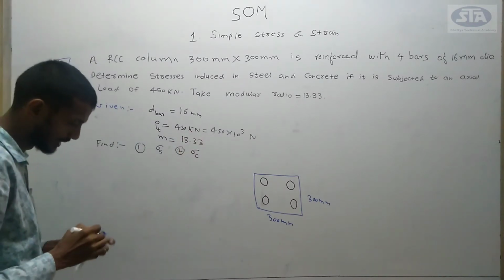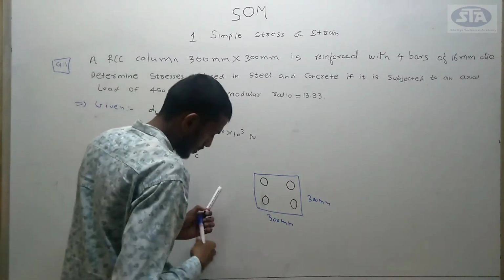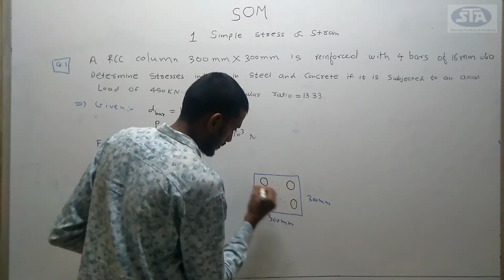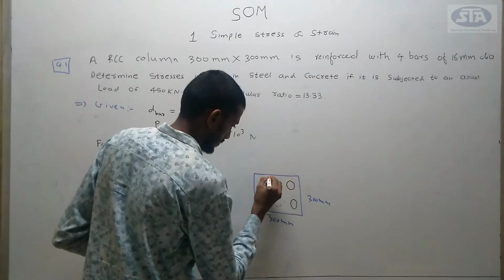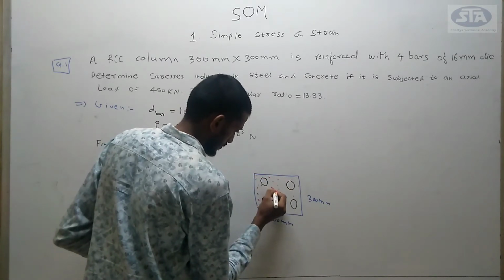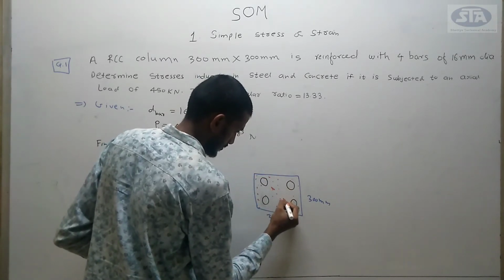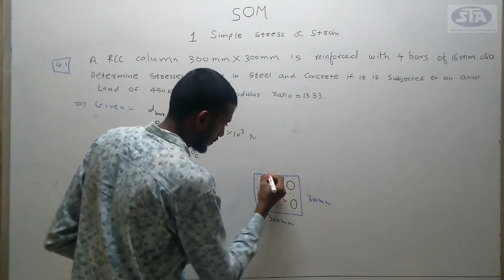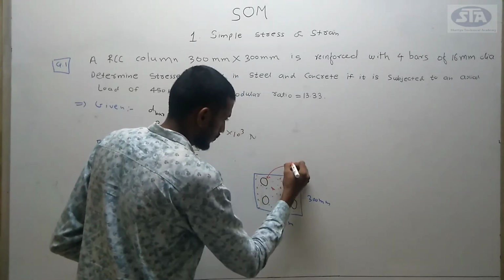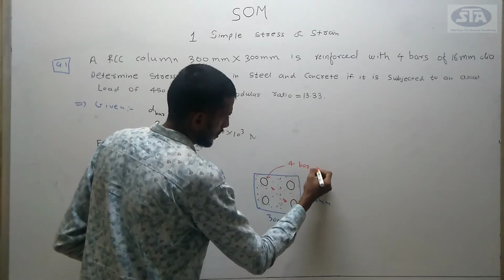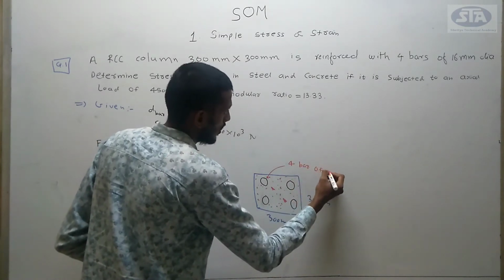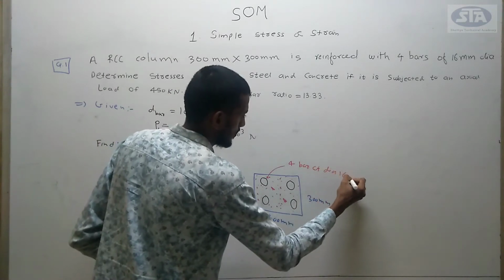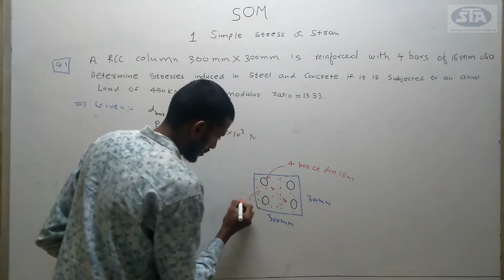In between this column, concrete is present. This red color indicates the concrete. This is called 4 bars of diameter 16 mm. This is called concrete.